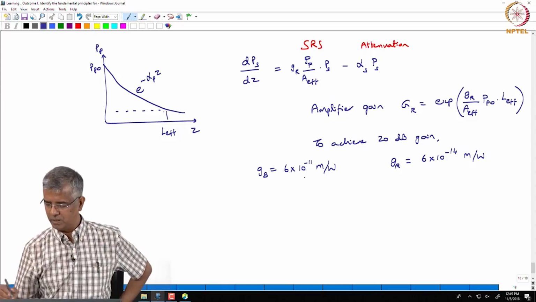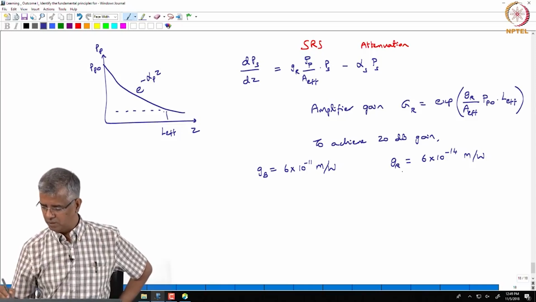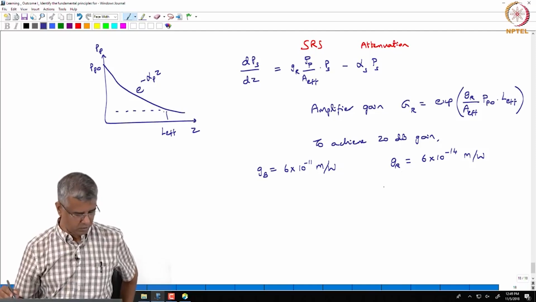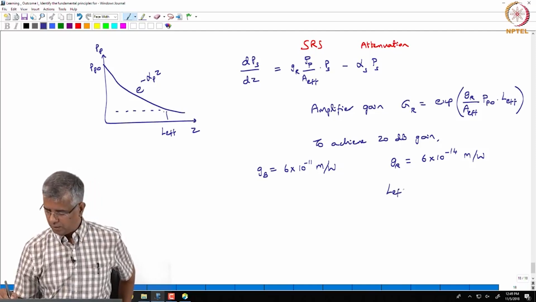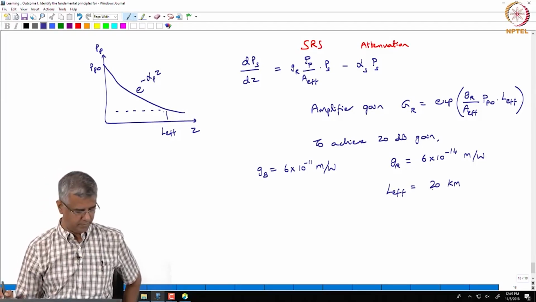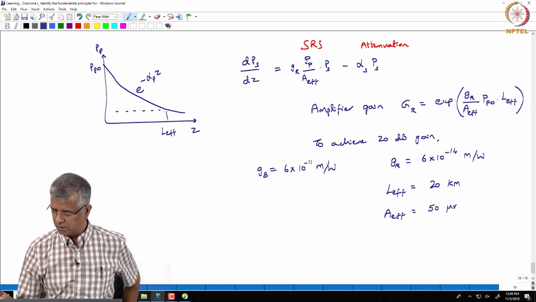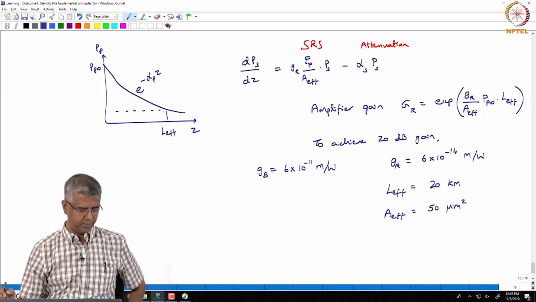But nevertheless, even with this number we can still get some work done, because if you have a fairly long fiber, let us say the L effective is 20 kilometers, and like we calculated previously, the A effective can be in the order of 50 micron square.